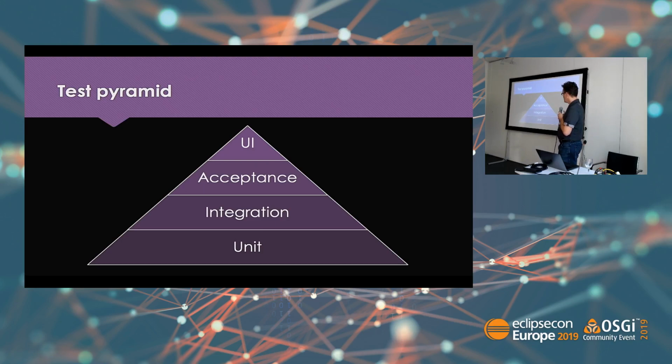With the unit tests on the bottom, integration tests, acceptance tests, and UI tests. And the pyramid should visualize that you want to have as many unit tests as possible, and then less integration, less acceptance, and less UI tests, because they're increasingly complex to write and fragile in their nature.